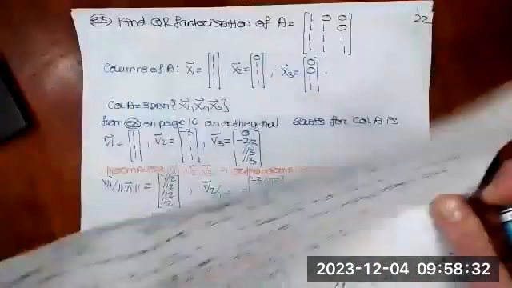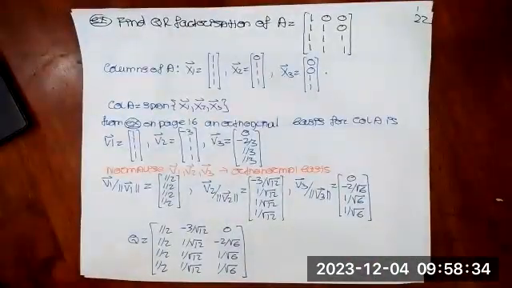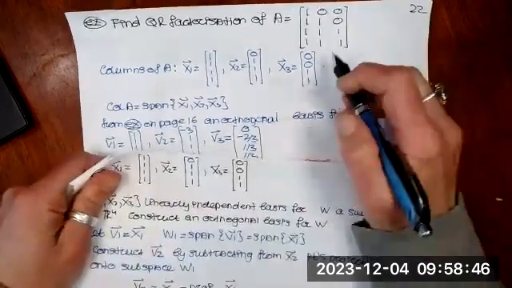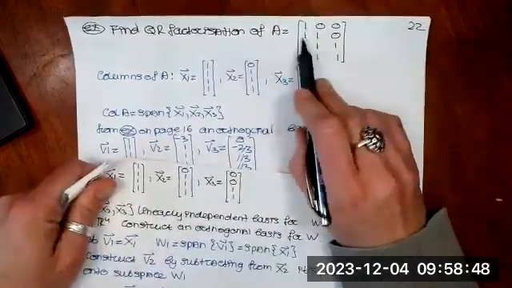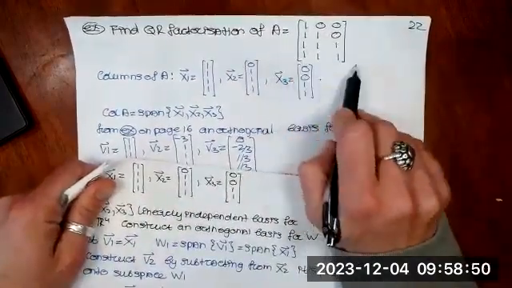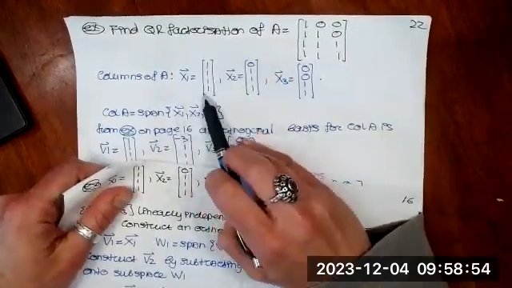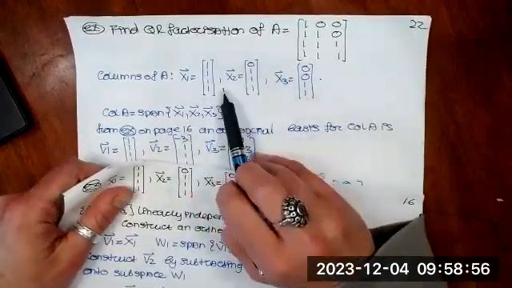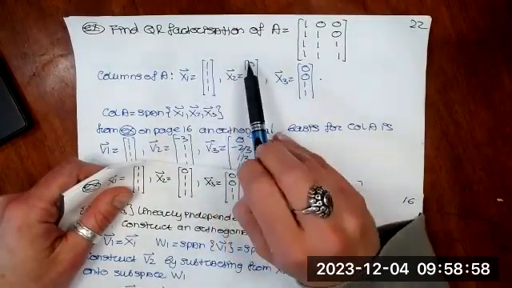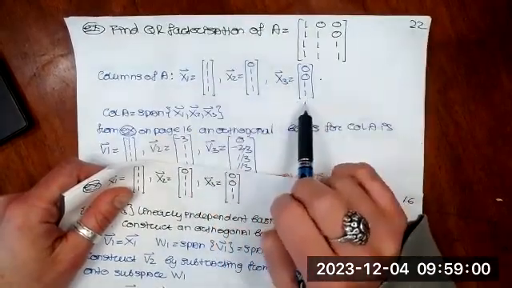I'm going to do an example here, the example we did earlier. So if I have this matrix A here, 1 0 0 1 1 0 1 1 1 1 1 1, my columns of A are those three vectors: 1 1 1 1, 0 1 1 1, and 0 0 1 1.